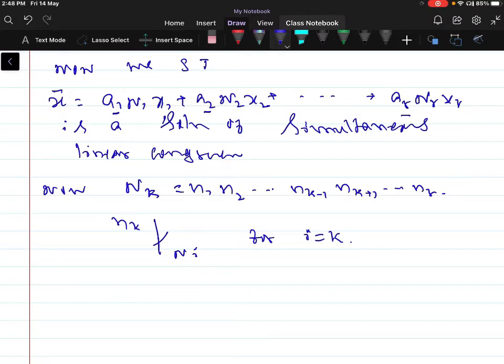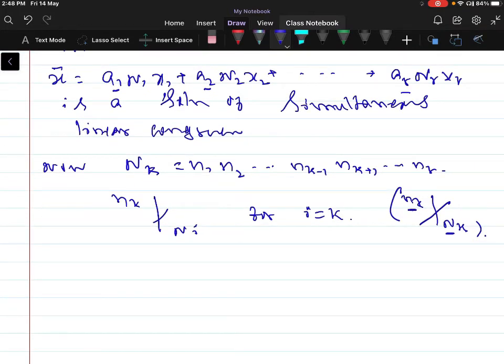Suppose for i is equal to k, so that is nk divides capital Nk. Nk and capital Nk are relatively co-prime numbers. Therefore, nk does not divide capital Nk. But nk divides capital Ni for i is not equal to k.